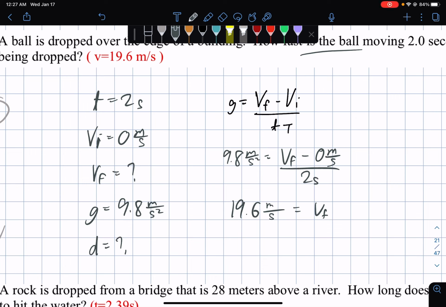If you multiply both sides with 2 seconds, the s squared at the denominator will be just s. And then, yeah, that is the answer already. Why did they put meter squared in the first place?